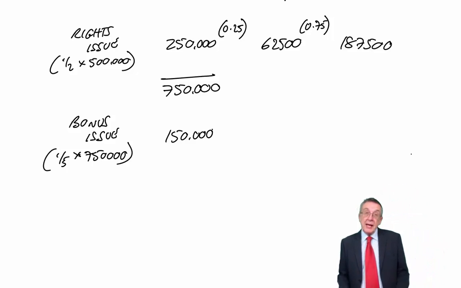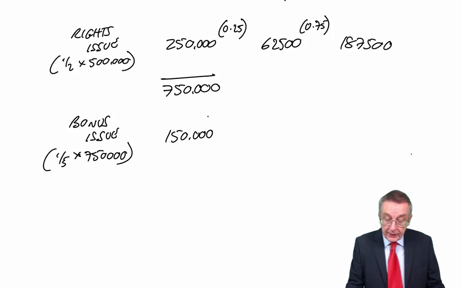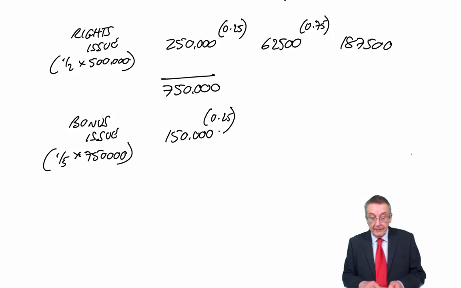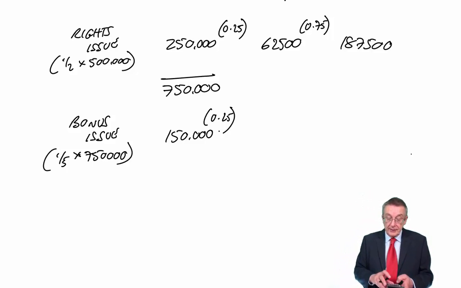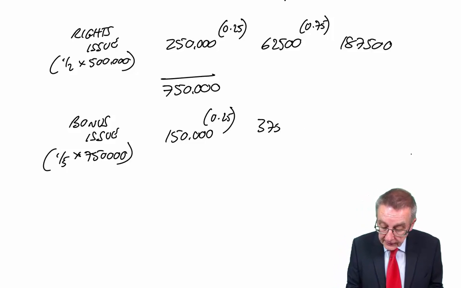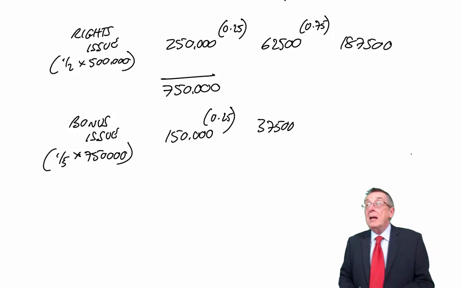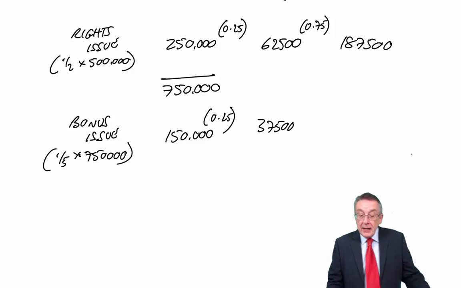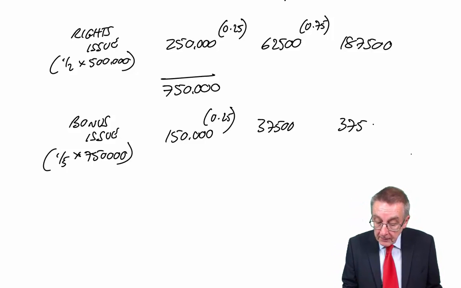Whenever we issue shares, share capital goes up by the nominal value. Here, 25 cents. So 150,000 at 25 cents, 37,500. But with a bonus issue, because the shares were given free, there's no cash received, share premium falls by the same amount.